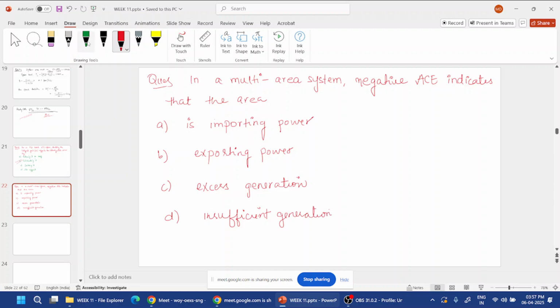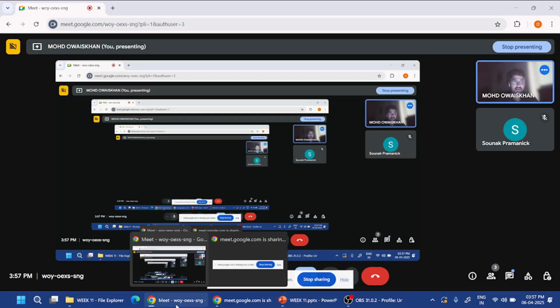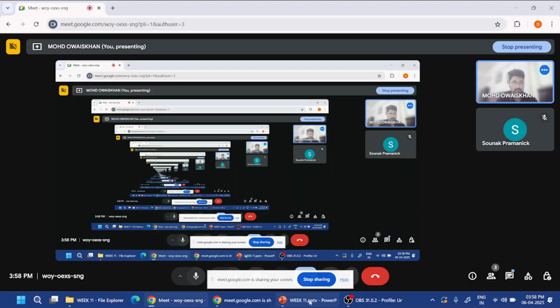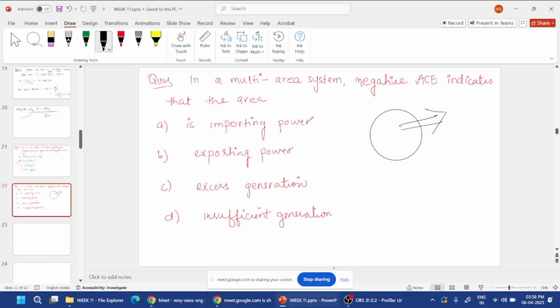So, as I have said here, the negative ACE means the area cannot send the desired power out of the area.